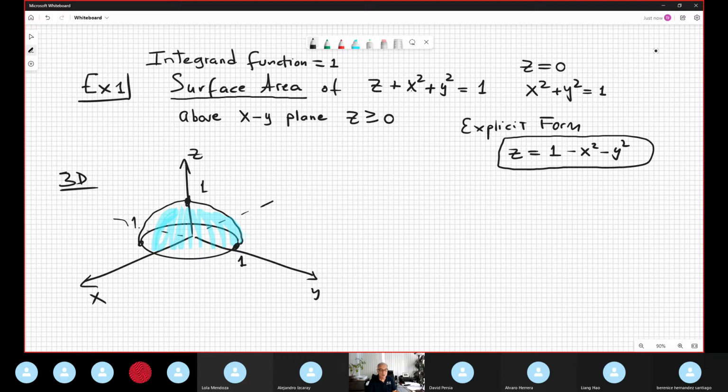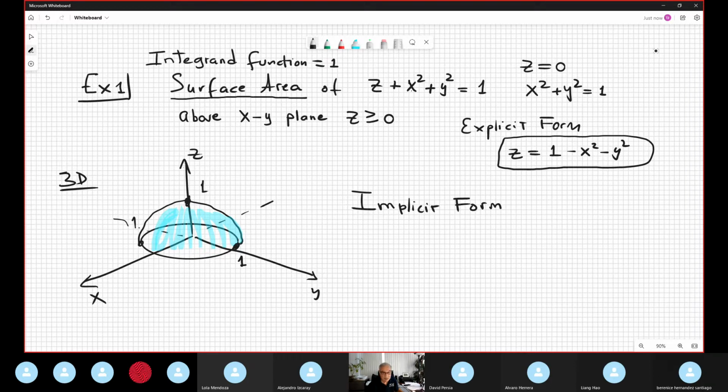Now, the thing I try to compute is the area that I highlight in cyan color here, this area that is curvy, right? Then, in my paper, I am doing first in implicit form.